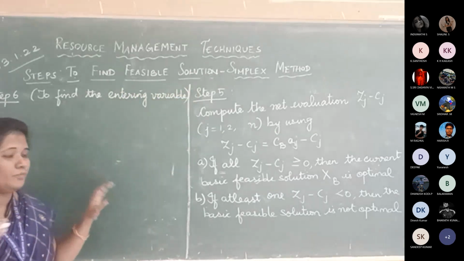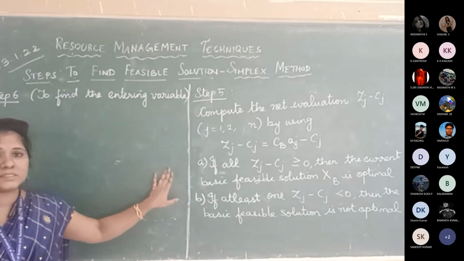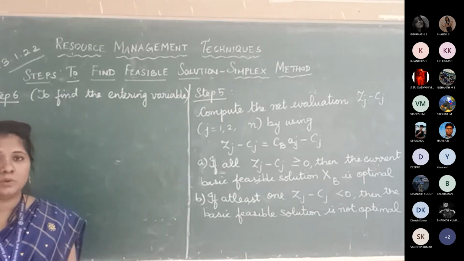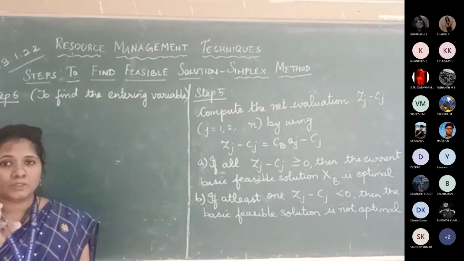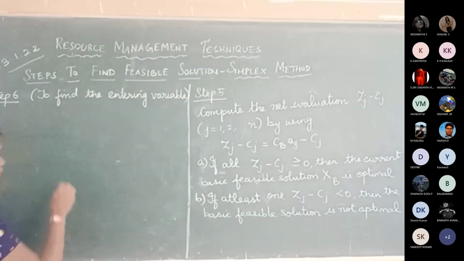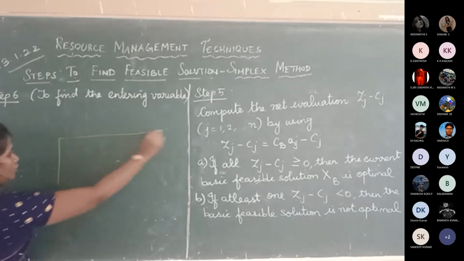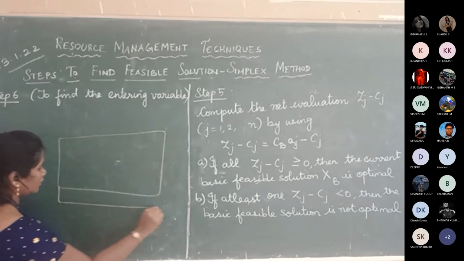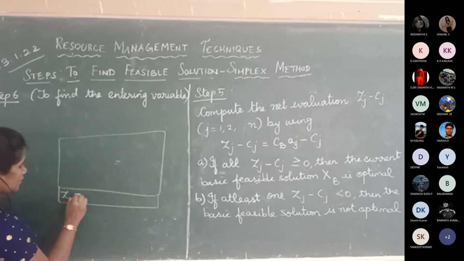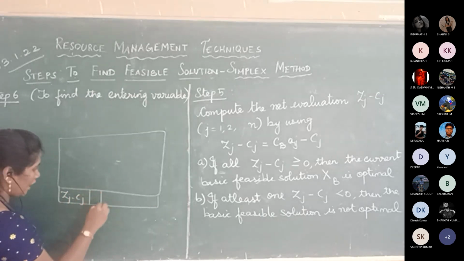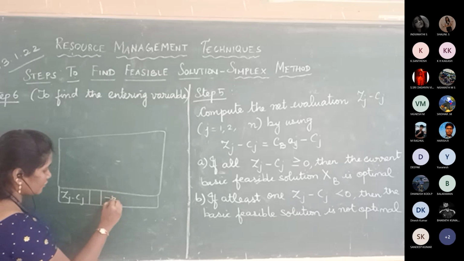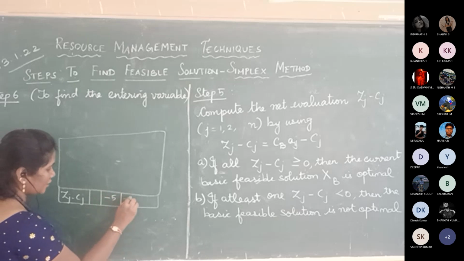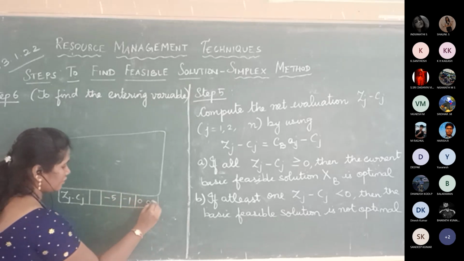In the tableau column, whichever Zj minus Cj was negative, whichever value is negative, that value you have to see. So the tableau column was like this, your Zj minus Cj, and here you had your Z naught. Here you've got some value like -5, and then -1, then 0, 0, and so on.